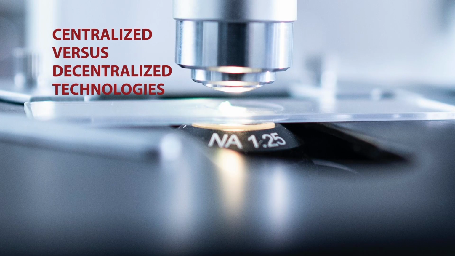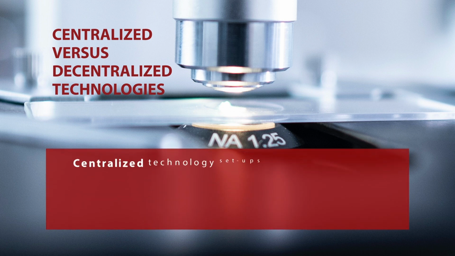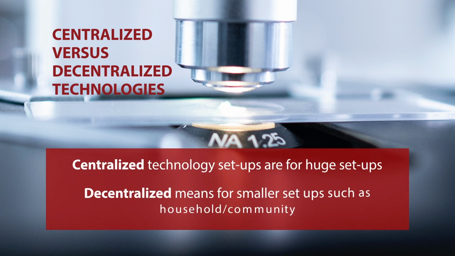Now, the next category of technology is centralized versus decentralized technology. What is a centralized system of technology? Centralized system is a setup for a huge amount of population, which caters to a huge population.